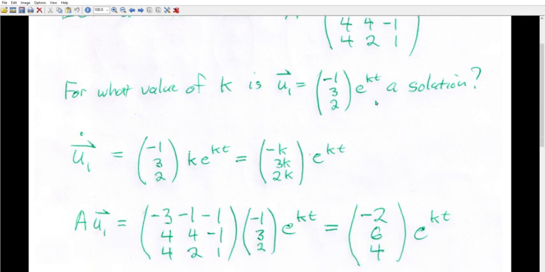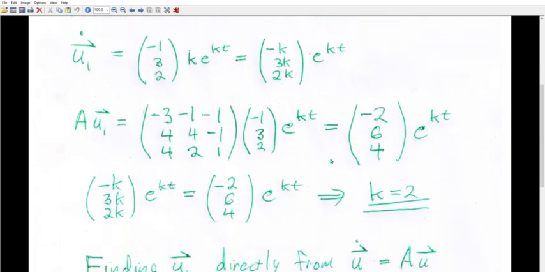So the way you do that is you take u1 dot, which is going to be (-1, 3, 2) times the derivative of e to the kt, which is k e to the kt. And that ends up giving us (-k, 3k, 2k) e to the kt as u1 dot.